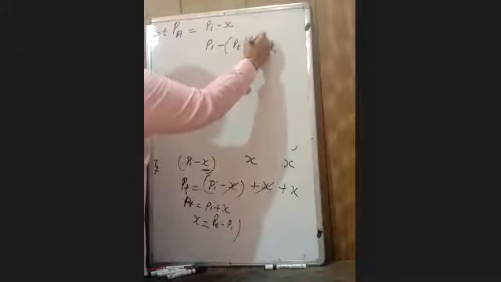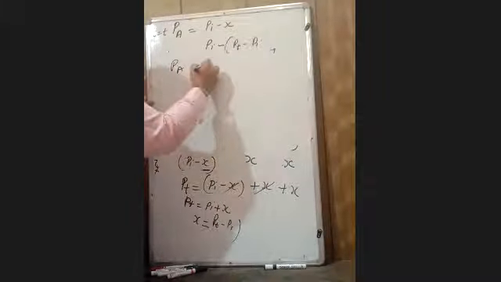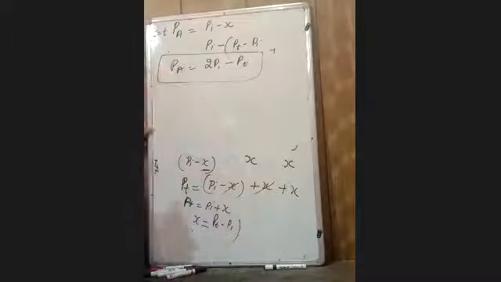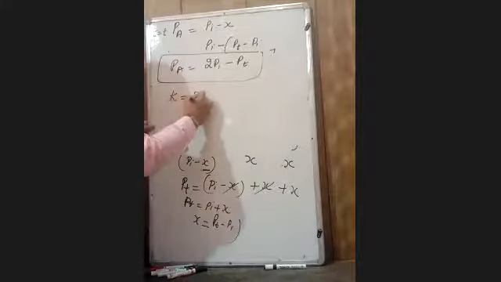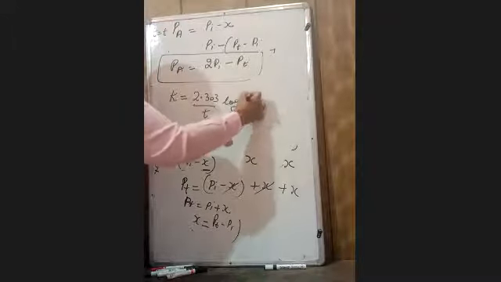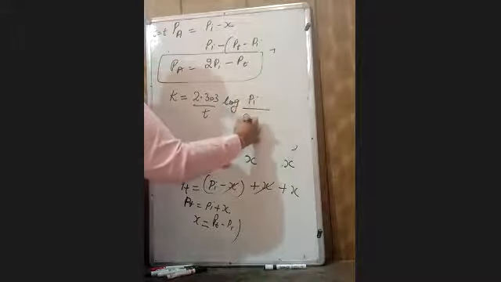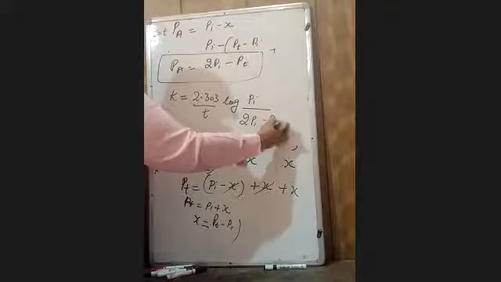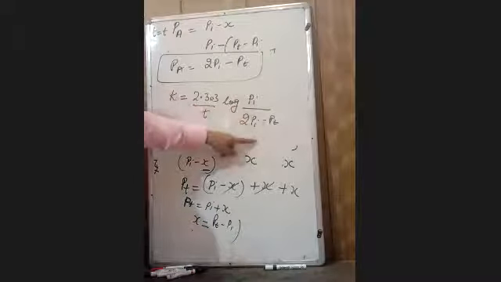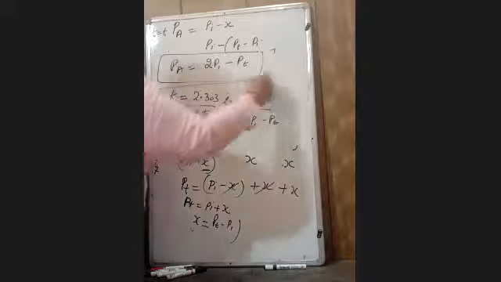Pt minus Pi, so PA is equal to 2Pi minus Pt. This is the partial pressure of A at time t. Now similarly, k for this reaction is 2.303 over t log initial pressure over final pressure. In terms of concentration, we were writing log R naught by R. Here we are writing initial pressure over final pressure.